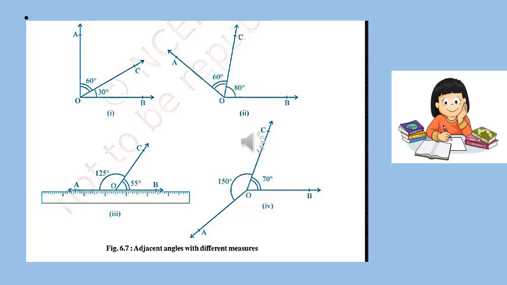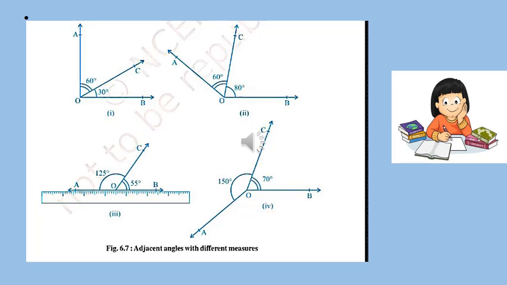You can call these angles adjacent angles, or you can call them complementary angles also. Why complementary? Because if you add these two numbers, the sum is 90 degrees, and complementary means the sum of both angles is 90 degrees.